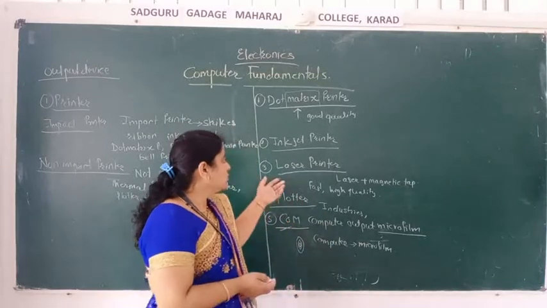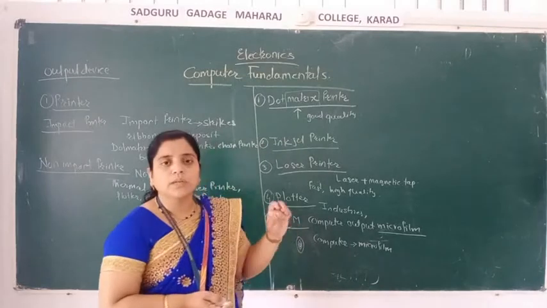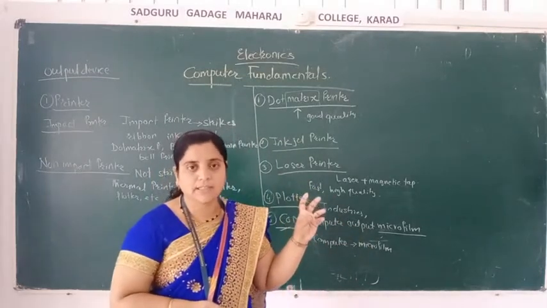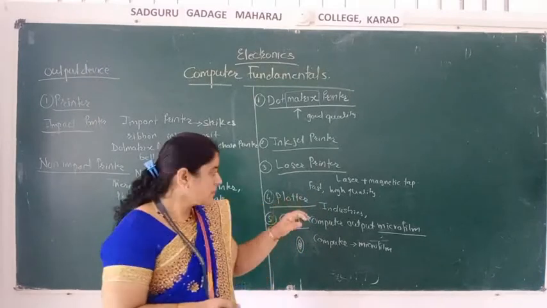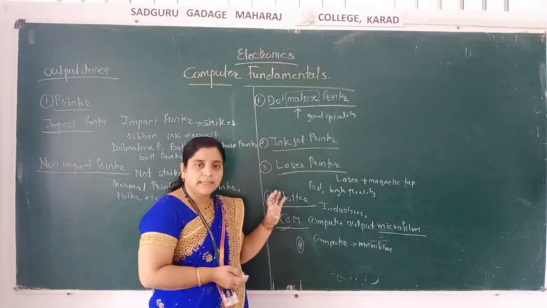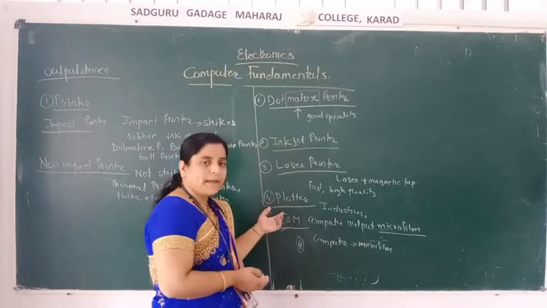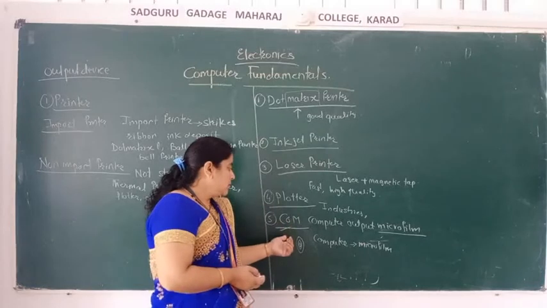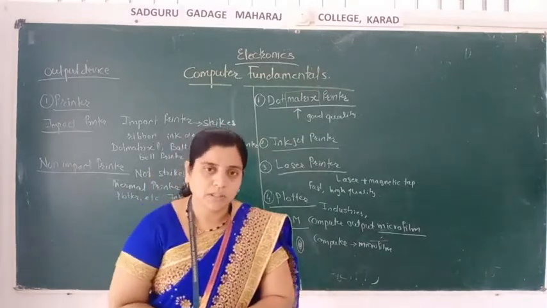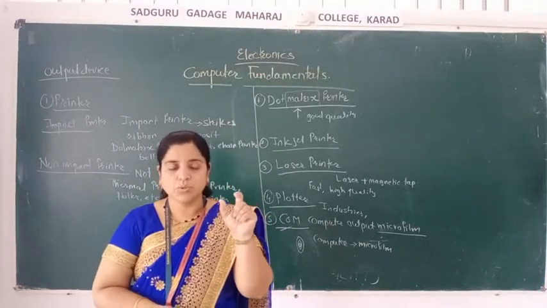Next is the plotter. Plotter is used to print plots and graphics; it is used in industries to print maps or manuals. Next is the COM. COM means computer output microfilm, where microfilm is used.